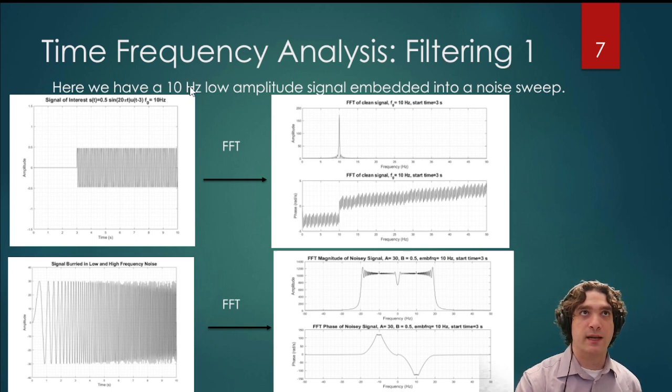We take a 10 hertz low amplitude signal and embed it into a noise signal. We're taking 0.5 sine(20 pi t) u(t minus 3), which is this signal here, and then adding 30 sine(pi t squared) to it.